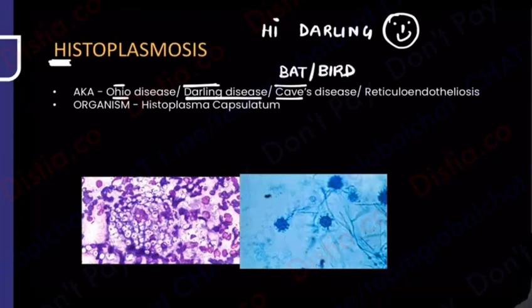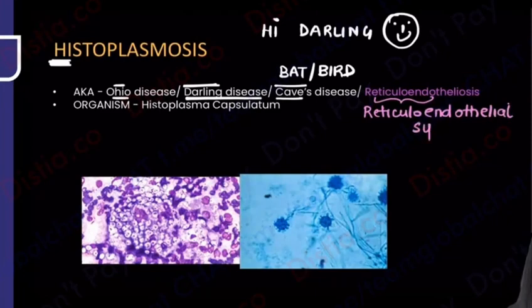And now let me tell you the last but the most frequently asked name. It is known as reticuloendotheliosis. What is the meaning of that? Firstly, tell me, what is a reticuloendothelial cell? You might feel that this is a very, very fancy reticuloendothelial system might be something altogether new that ma'am is going to introduce to us. But no, it's nothing but macrophages.